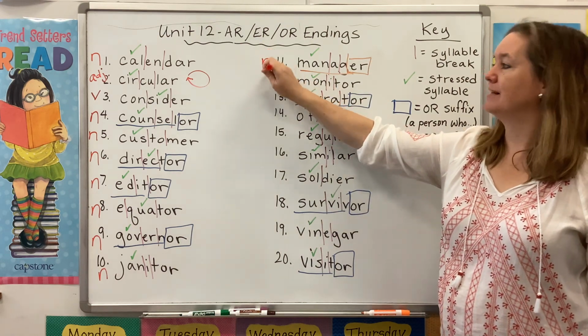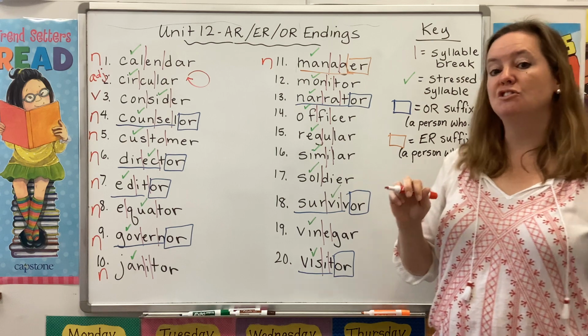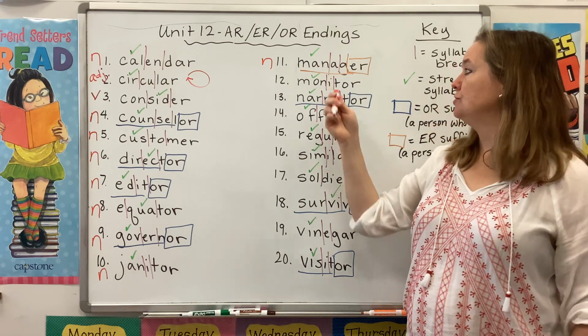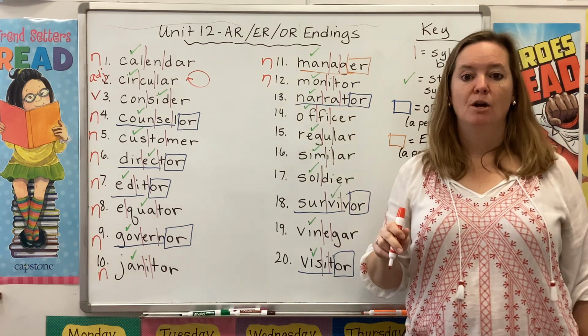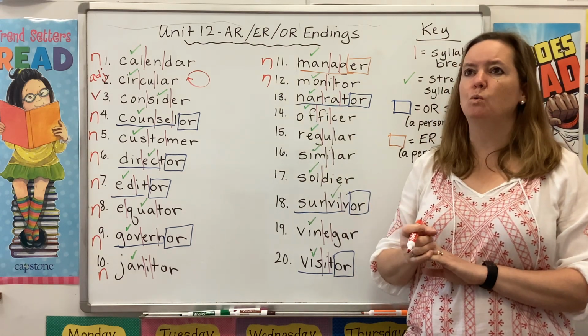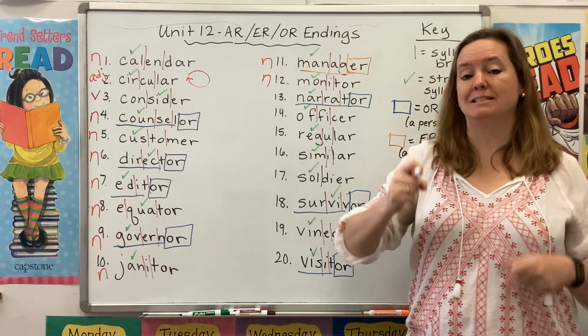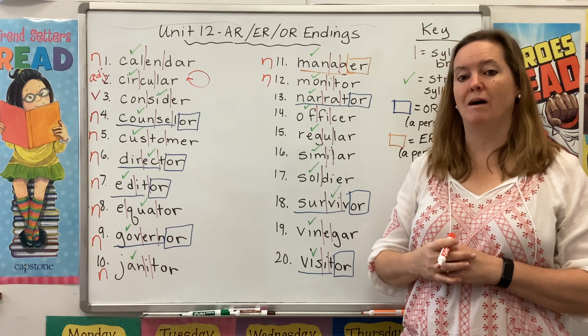Manager, that's a noun. Monitor, ooh, this has two different meanings. So a monitor can be a person, right? Somebody that keeps watch. So sometimes on school buses, all school buses have a driver, but sometimes they have a bus monitor as well.